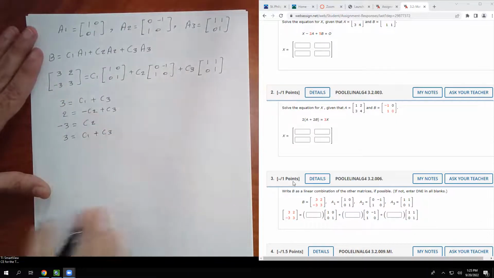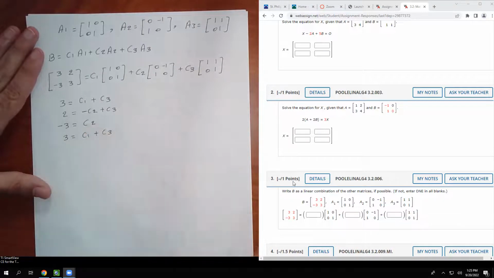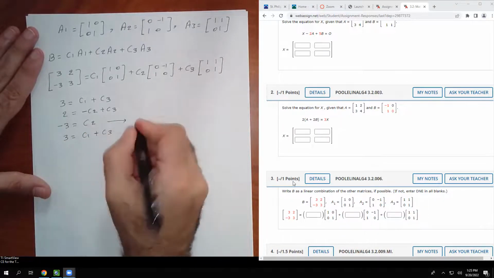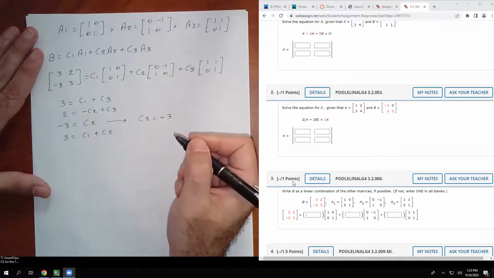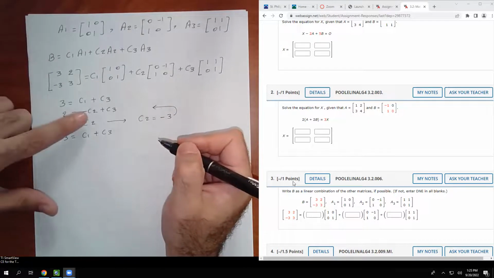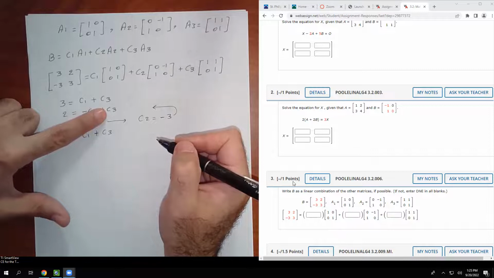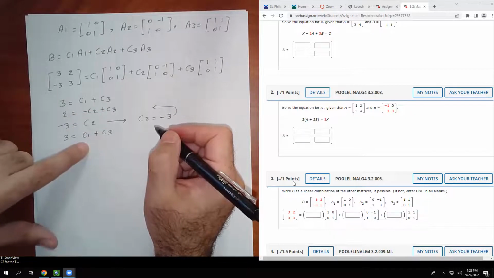Now we need to solve this one to find C1, C2, and C3. If you check it from here, we already have the value of C2 equal -3. So if you plug in this one here, you're going to find C3. Then you're going to plug in C3 here to find C1.